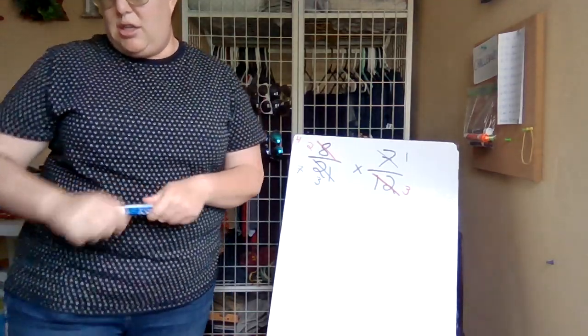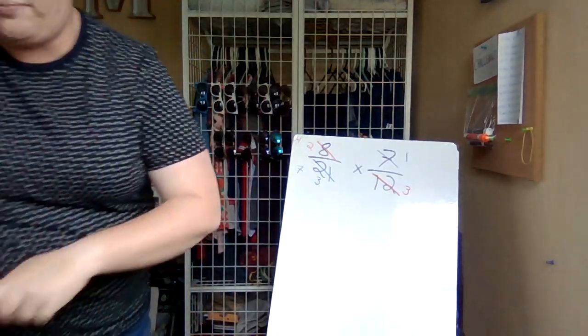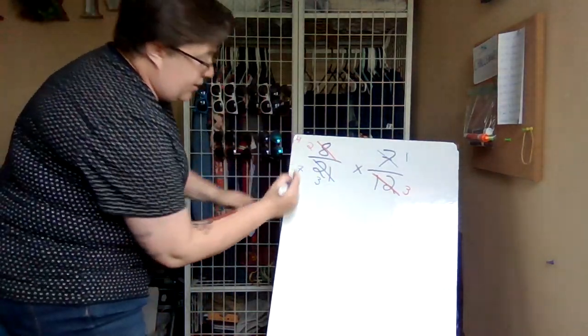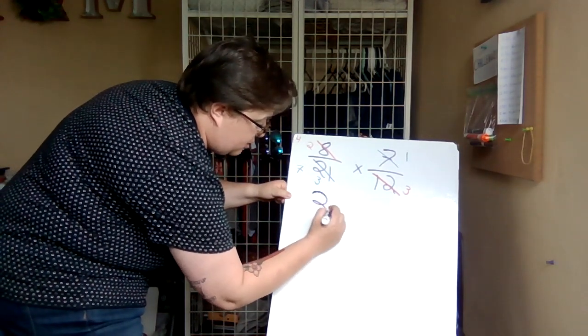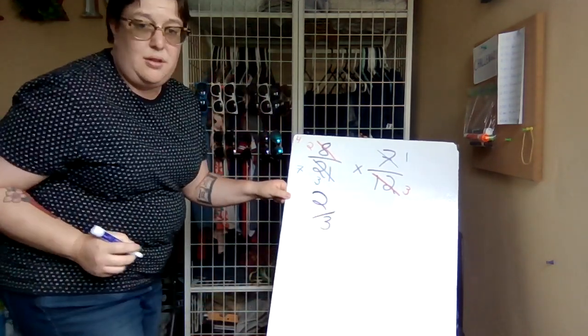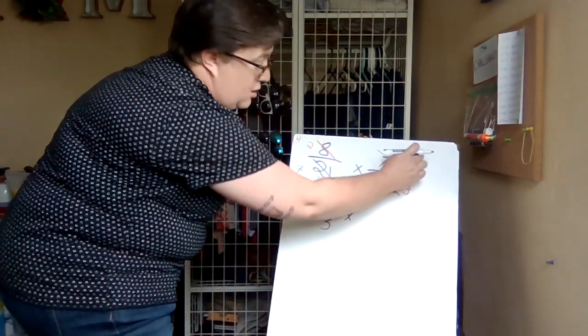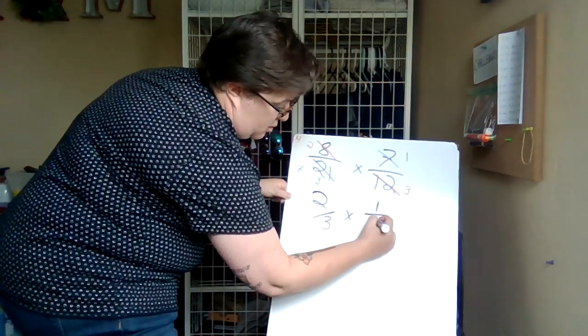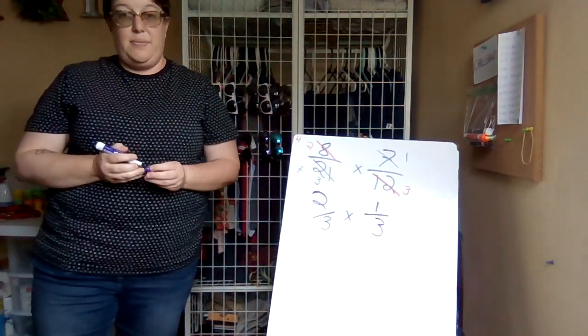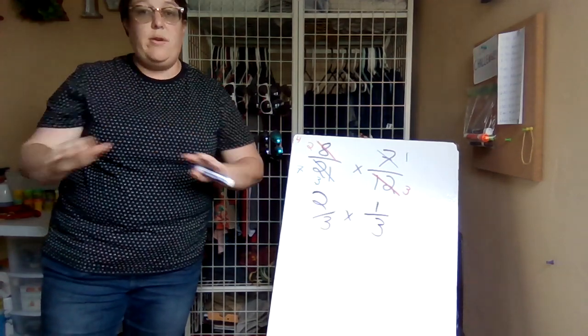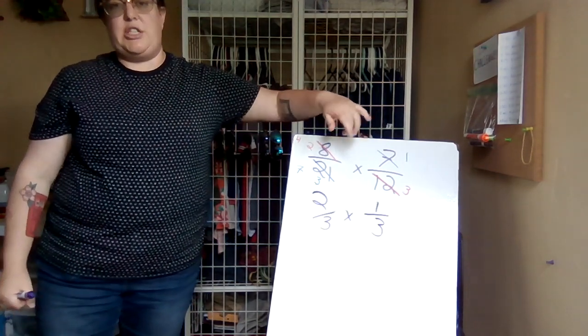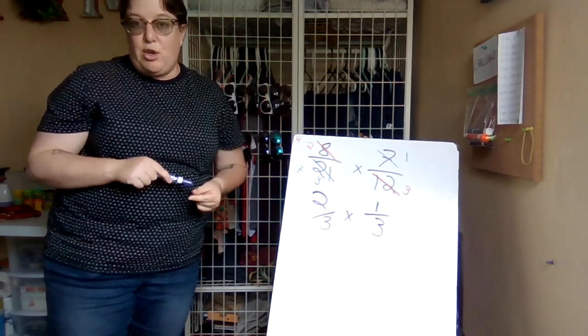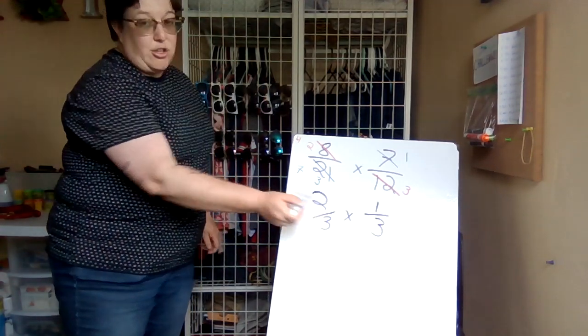So that means our new problem is going to be 2/3 times 1/3. So all we've done so far, we haven't done any of the multiplication yet. We've just simplified both fractions to make it easier to multiply.